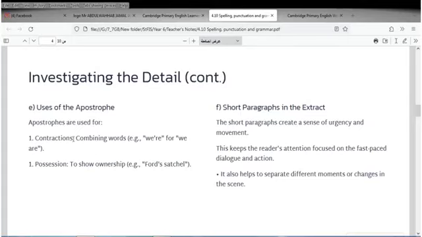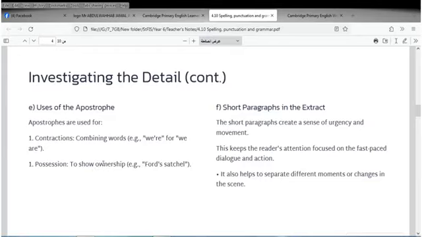Number one, contraction, which means to make the form shorter, and number two, the possession. Okay, possessive or possession, it is to show ownership. So the first one, instead of saying we are, you will say we're. Instead of saying I am, you will say I'm. And using the contraction, we make two words into one. So that's one word.